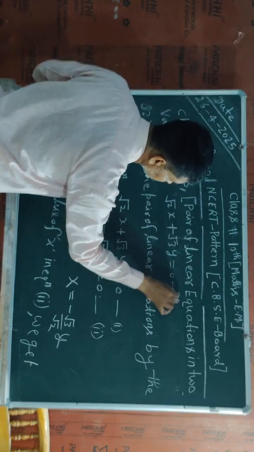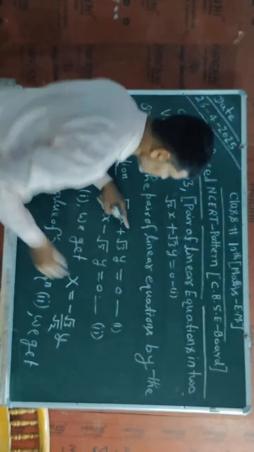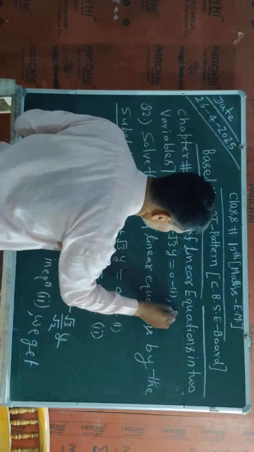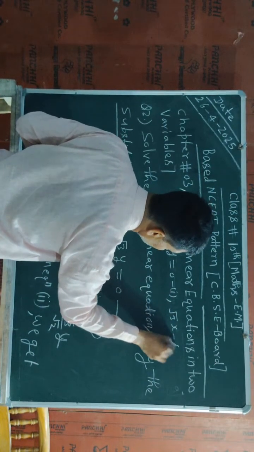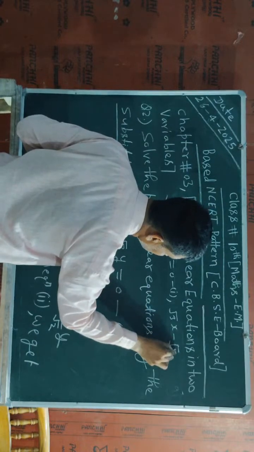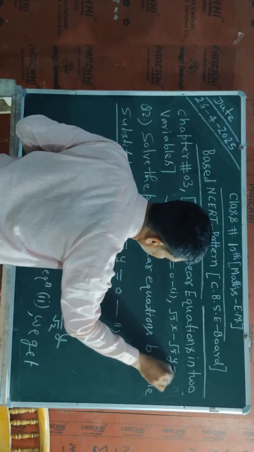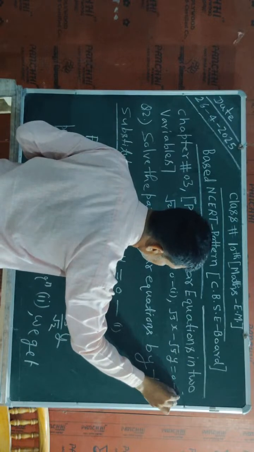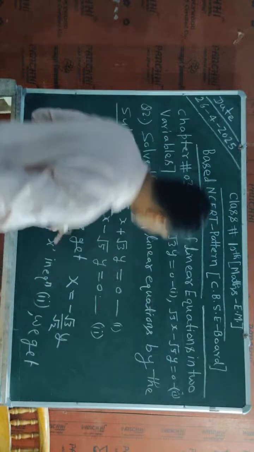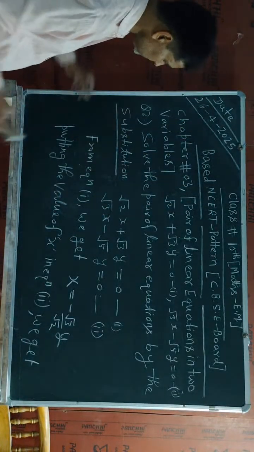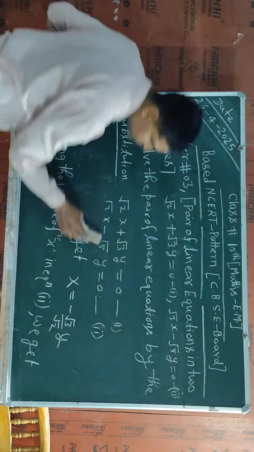I have already said this is the equation number 1, and equation number 2 I am going to write root 3x minus root 5y which is equal to 0. I will say this is the equation number 2.